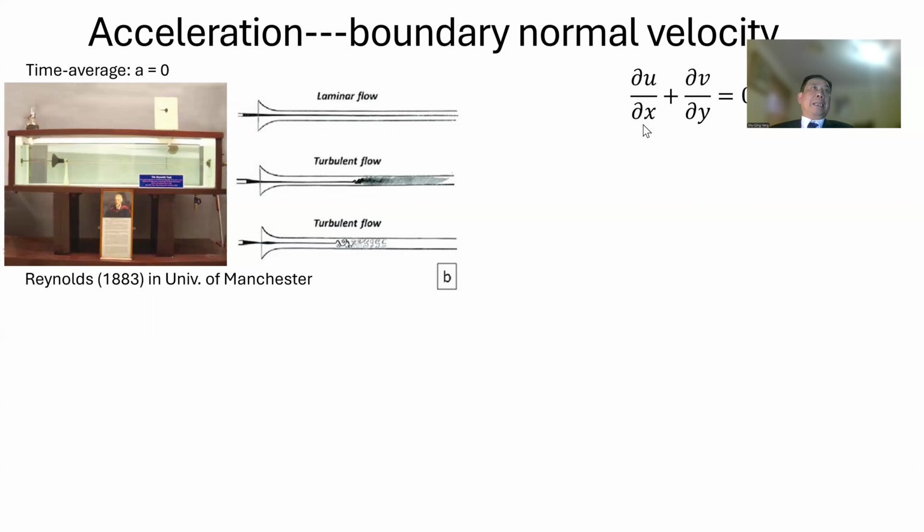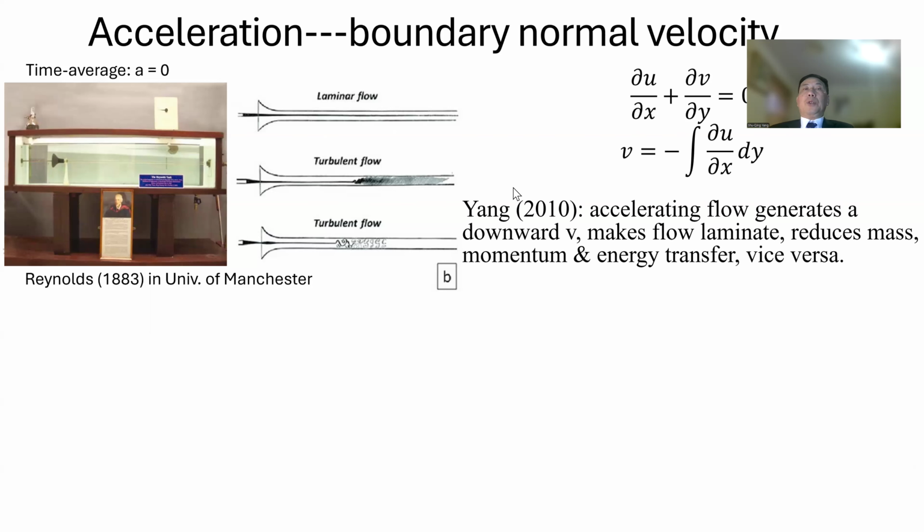We say this is mass conservation. U is horizontal, V is vertical. And then you do the integration, you will see if U is increasing in the x direction, the acceleration here is positive and V will be negative. So you will see the particle move downward, that is accelerating flow.